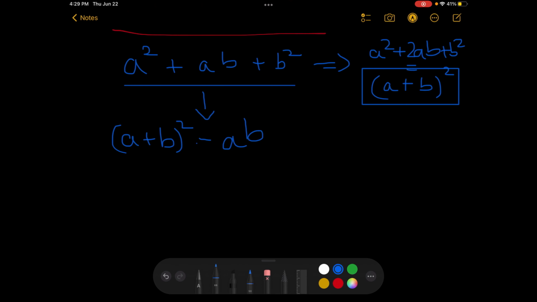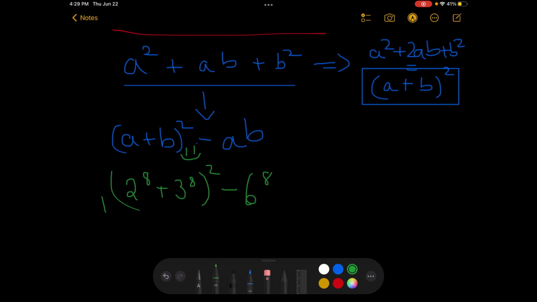So now let's substitute our values for A and B back in to see if we can identify something else that will take this further. When we substitute, the expression becomes 2 to the 8th plus 3 to the 8th squared minus 2 to the 8th times 3 to the 8th, which is 6 to the 8th.